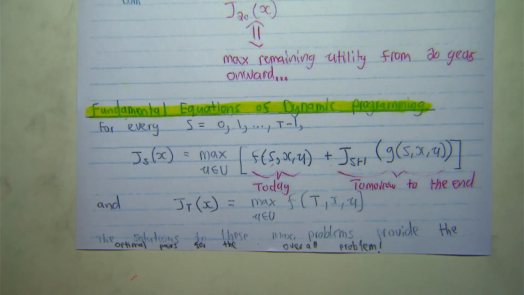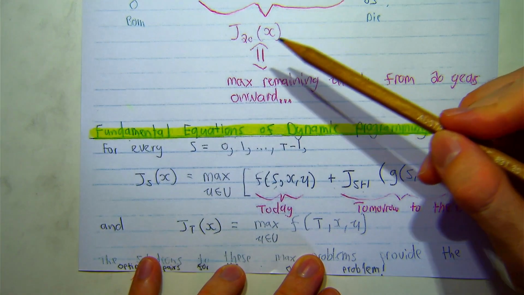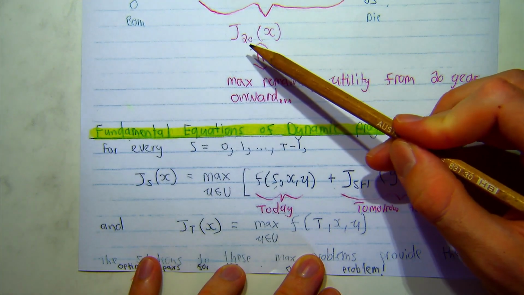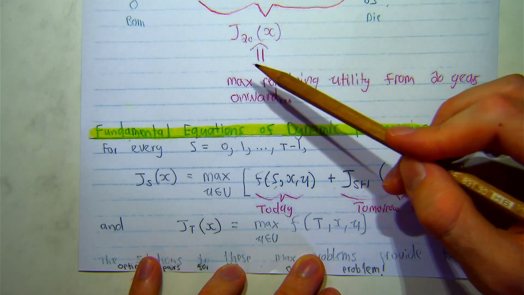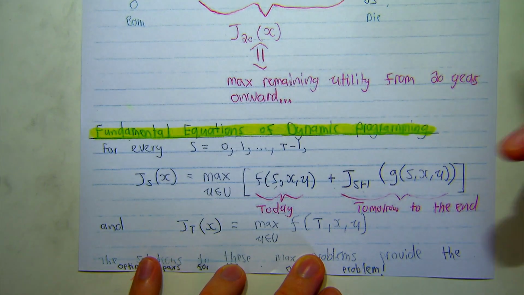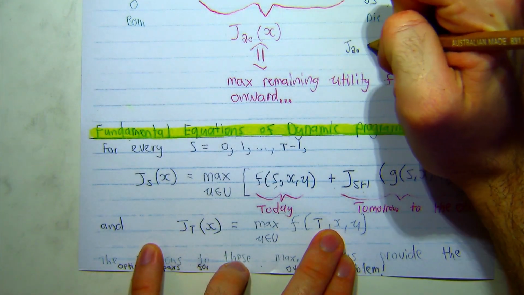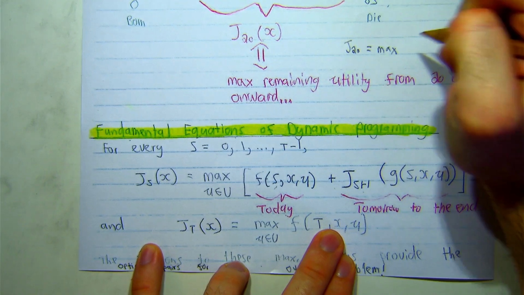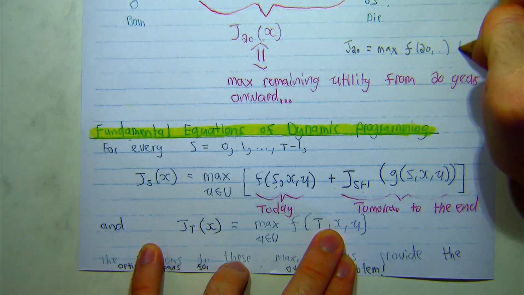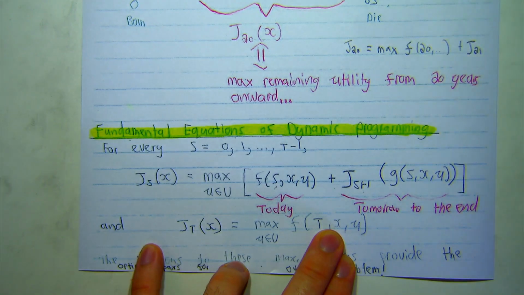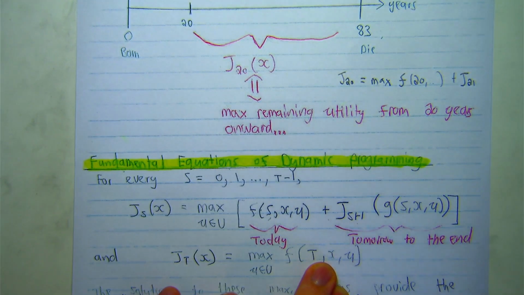So the idea is that we can split up our value functions here, where J20 is equal to max F20 plus J21. That's essentially what that is saying, in a very loose notation.